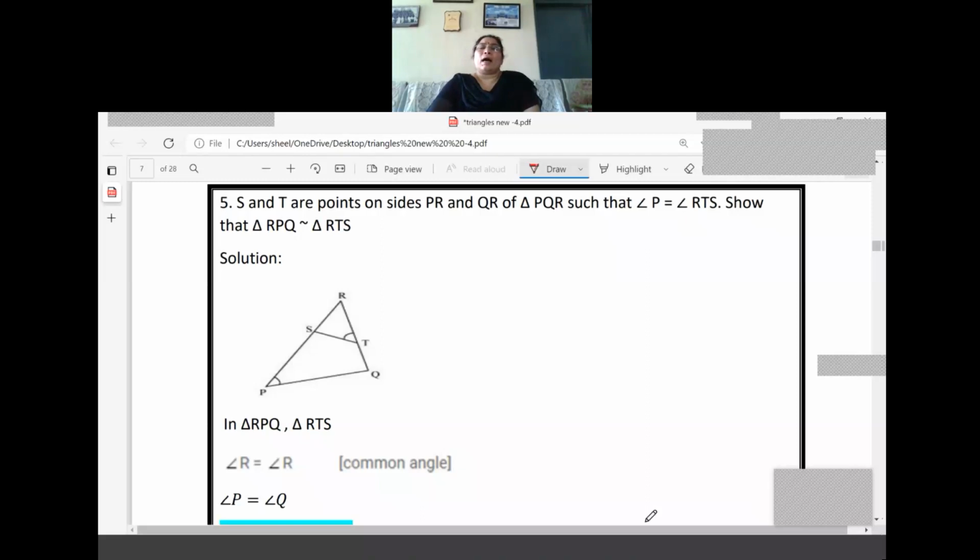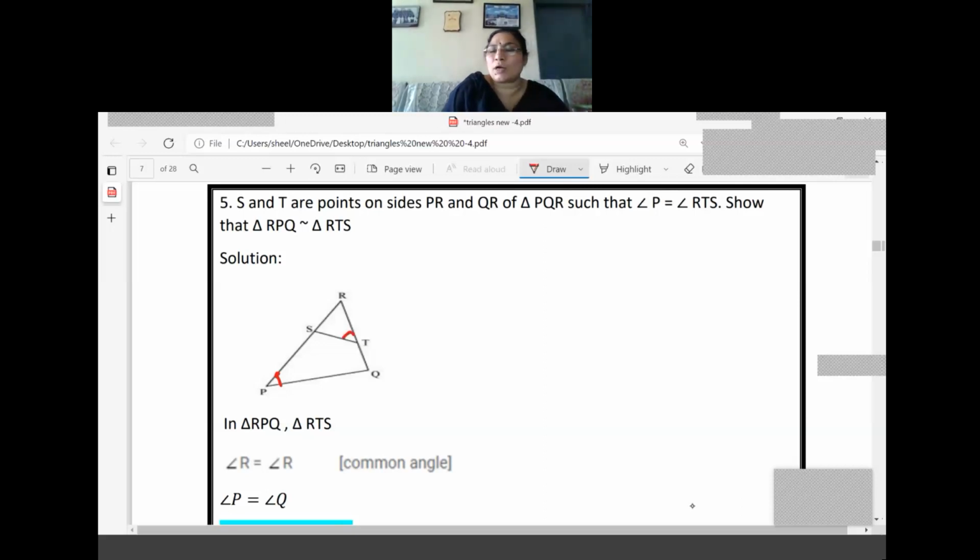S and T are the points on the sides PR and QR of triangle PQR. Angle P equal to angle RTS. Show that triangle RPQ is similar to triangle RTS only. Triangle RPQ similar to RTS means, RPQ, if you consider, already you can see that angle P is marked, right? Now RTS, if you take that, what is marked there?